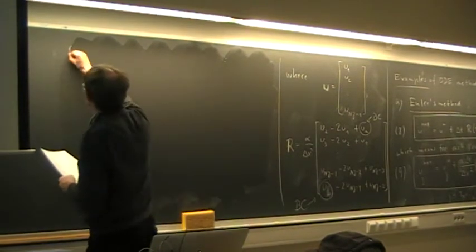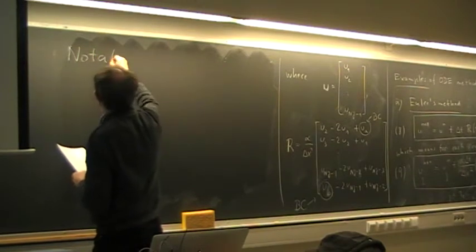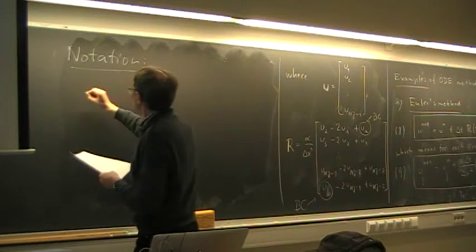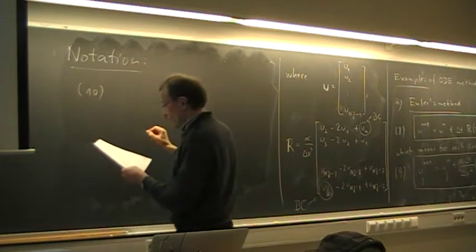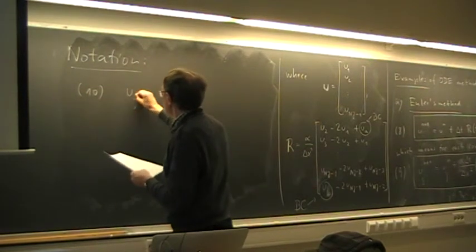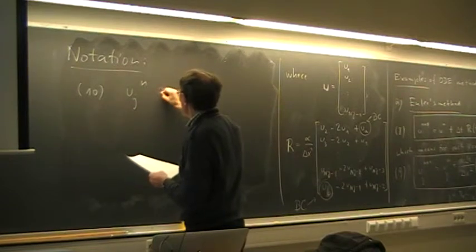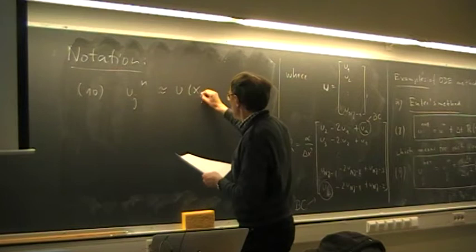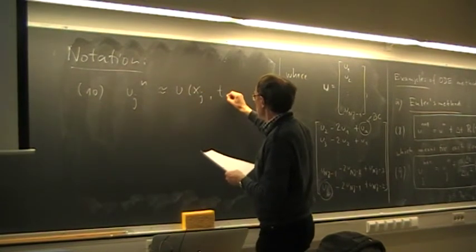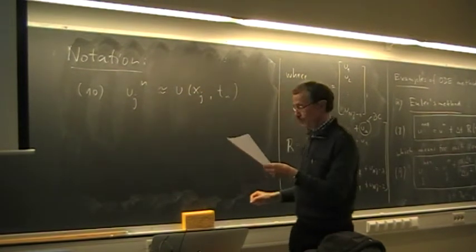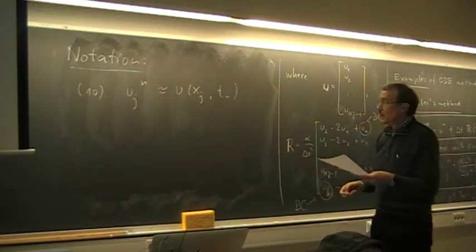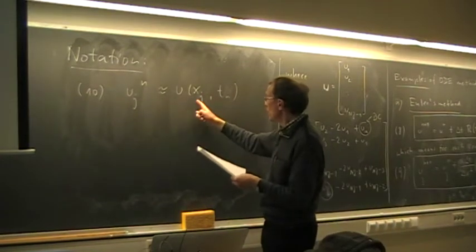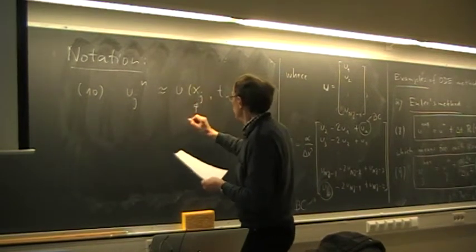So the notation that is quite common in CFD, also in the book: ujn is the approximation of the exact solution at the grid point xj and the time level tn. So that is the grid point, and that is the time level.